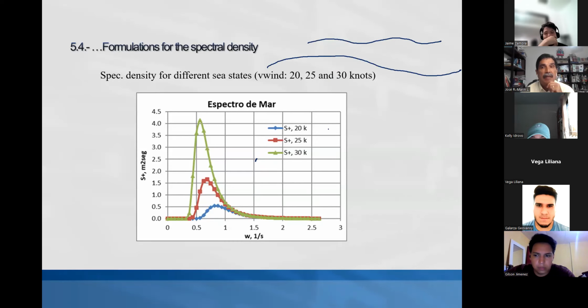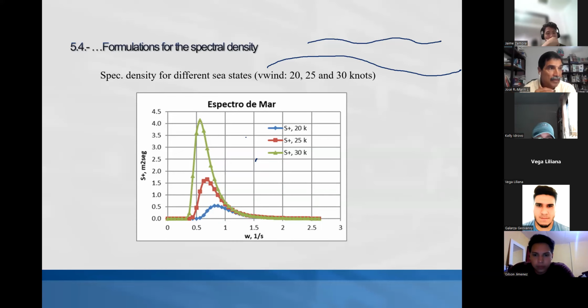Remember that when we have ship dynamics, the frequency can correspond to the natural frequency of the waves, could be the natural frequency of the ship, and we're going to have resonance. So if we have one of these states which adds a lot of energy around a frequency which gets closer to one of the natural frequencies, you're going to have resonance.